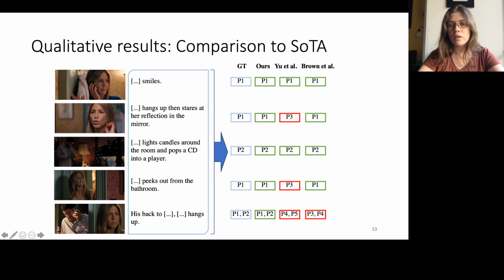The Yu et al. method misrecognizes this as person 3, so they label this differently, and then they correctly link her to her appearance in the following clip, but they basically miss re-identifying this person. And then they recognize in the last clip these guys as totally new characters. And the same mistake is made in the other method.